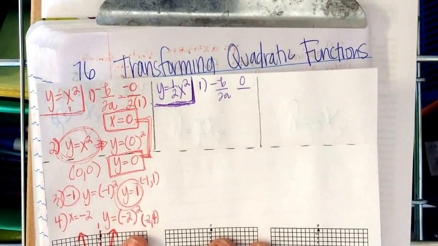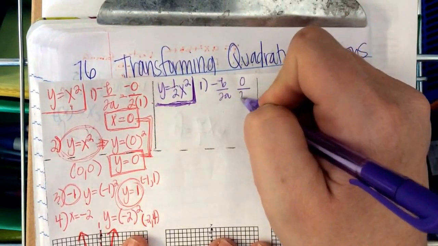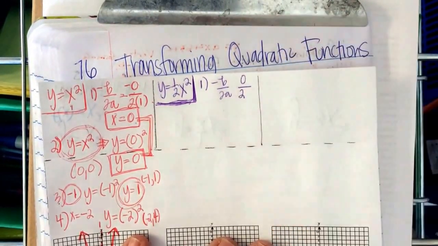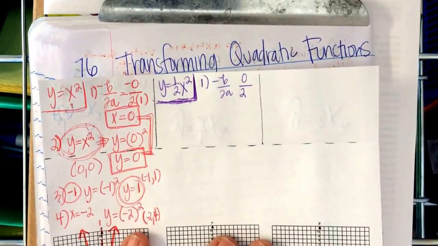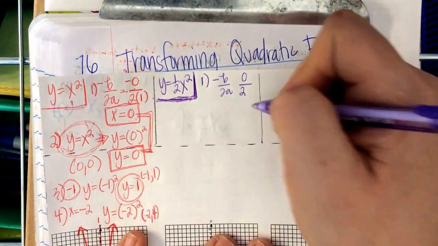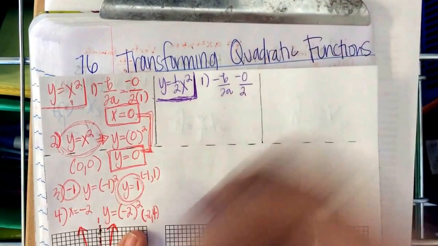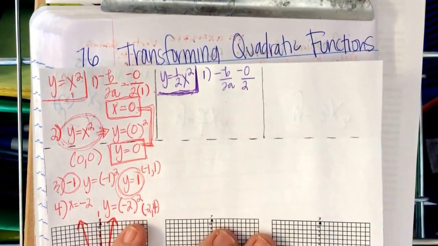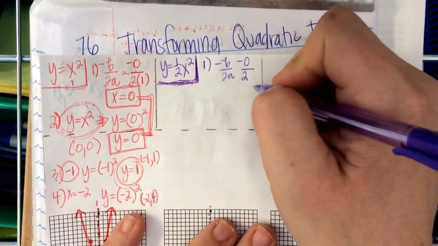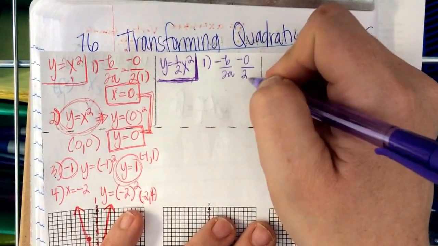Over 2 times a. What's your a value? Ian? Negative 0 over 2 times 1/2.